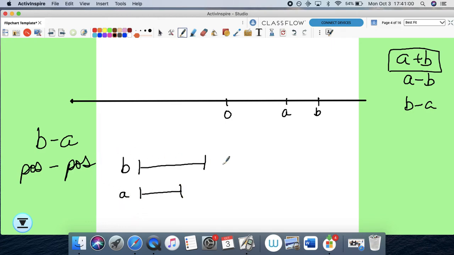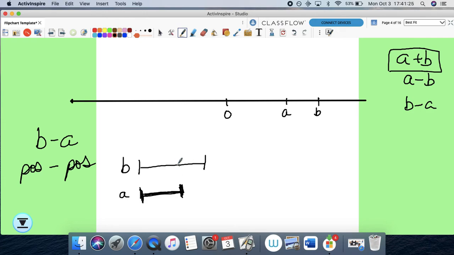So if you're holding a certain positive value, and I say, hey, I need to take this much away from you, however much A is, do you have enough to give me? Yes, you do, because the absolute value of B is definitely greater than the absolute value of A. So you have some to give me, and you're going to have a little left over for yourself.